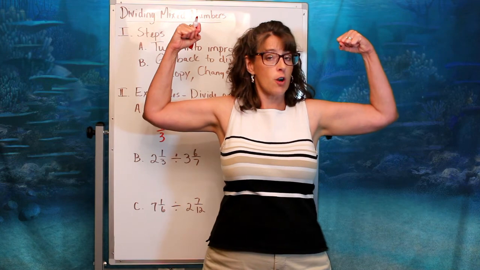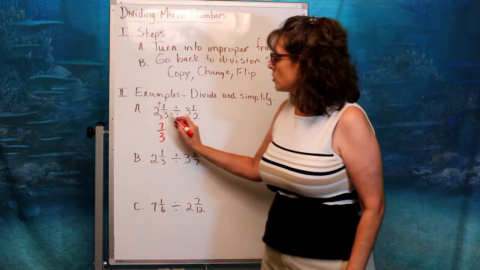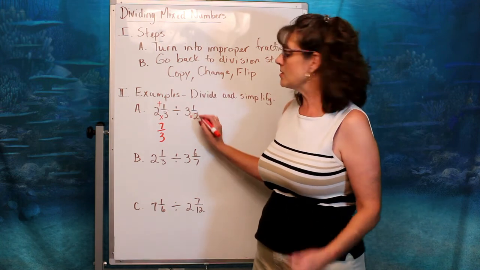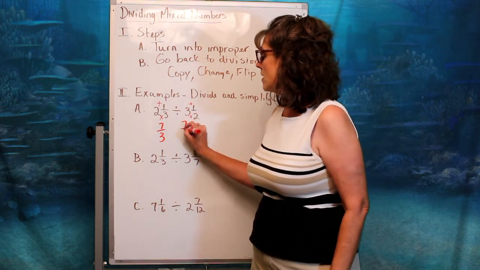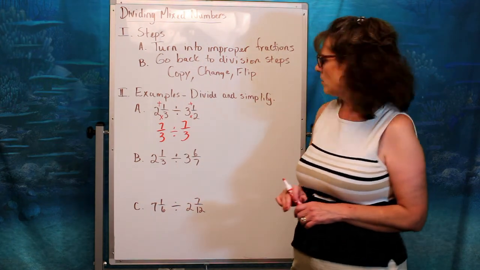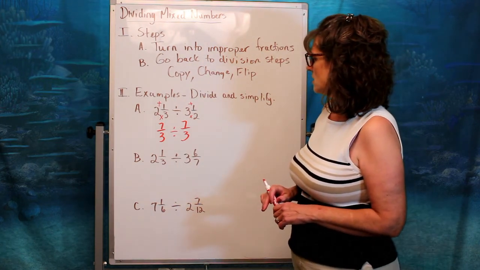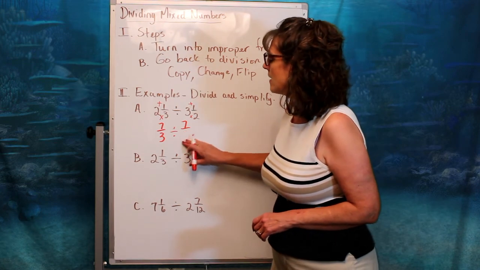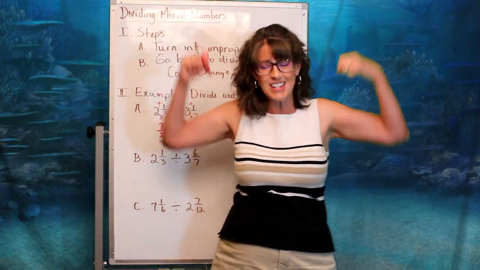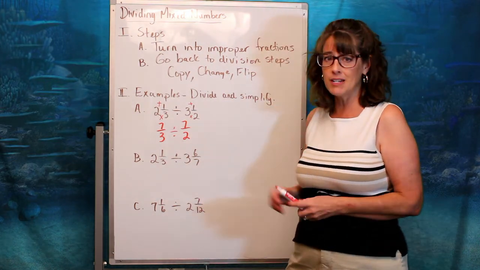We work awfully hard to keep that denominator. So 2 times 3 again is 6, plus 1 is 7. Here, 2 times 3 is still 6, plus 1 is still 7. So basically, I'm going to take 7/3 and divide it by 7/3. Oh, wait, just a minute. Oh no, I'm sorry, 7/2. Please forgive me. Remember that superhero of fractions? You need to keep the denominator. Well, I messed up. I got to keep my denominator.